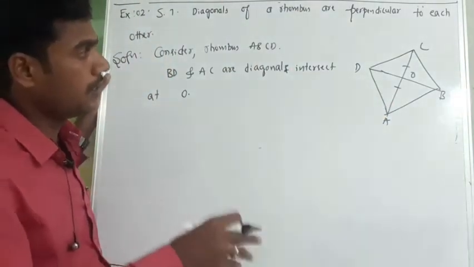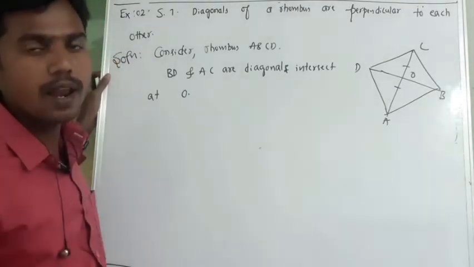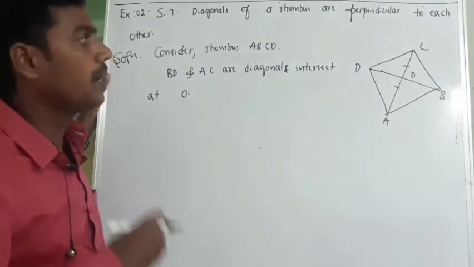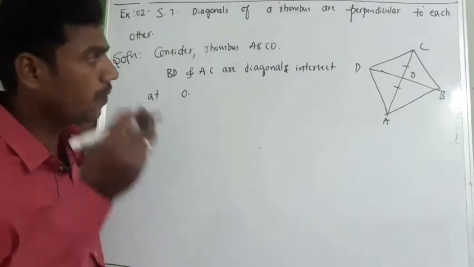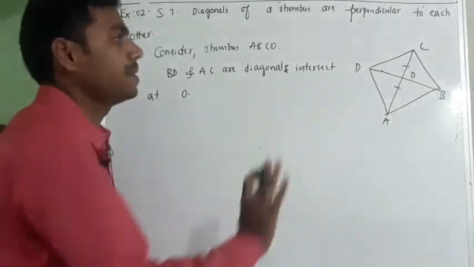Rhombus, rectangle, square are all parallelograms, so whatever properties hold good for a parallelogram will hold good for a rhombus also.